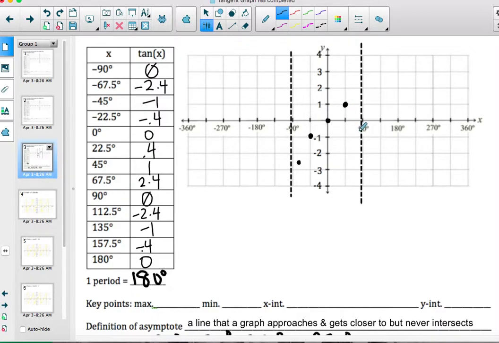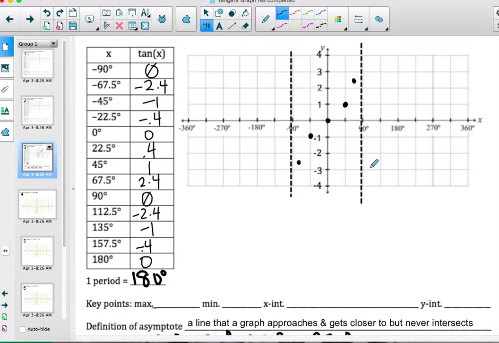And over here at that 67.5, again, we are up at 2.4. The same thing is going to happen as we go on the other side of the 90 degrees.